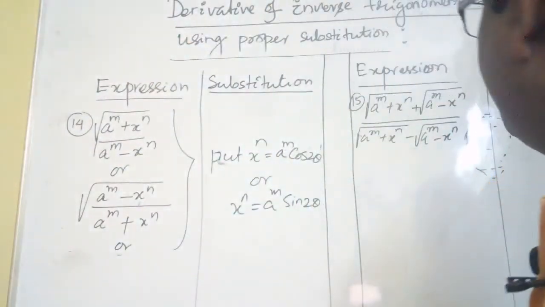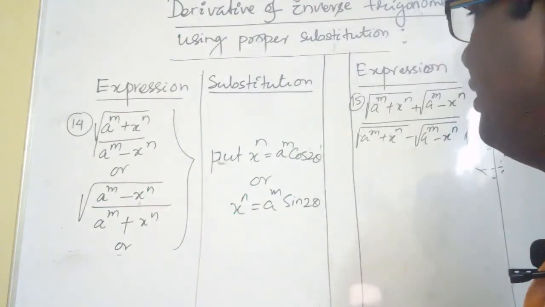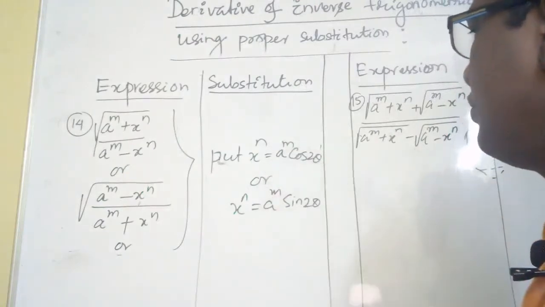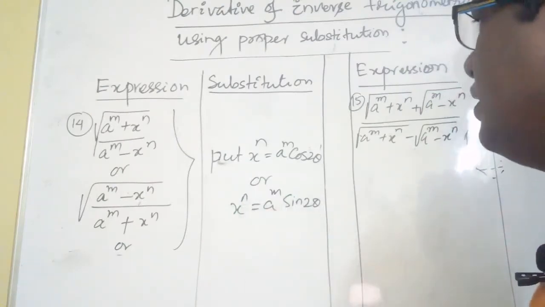Similarly, if this is question 14, x to the n equal to a to the n cos 2 theta or x to the n equal to a to the m sin 2 theta.